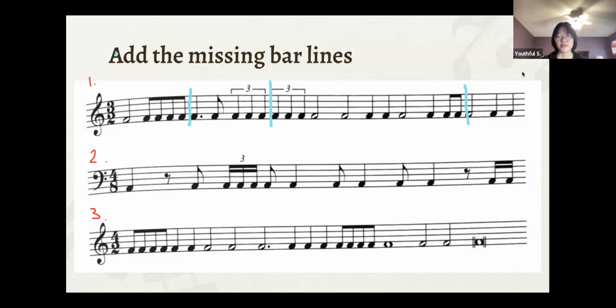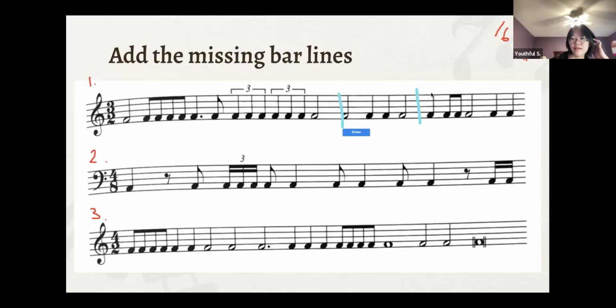And make sure you add a double bar line at the end, like that. And I'll make this out of, I don't know, how many bar lines should there be? I'll just make it out of 6.